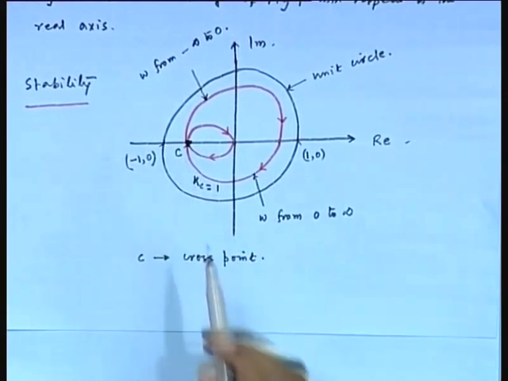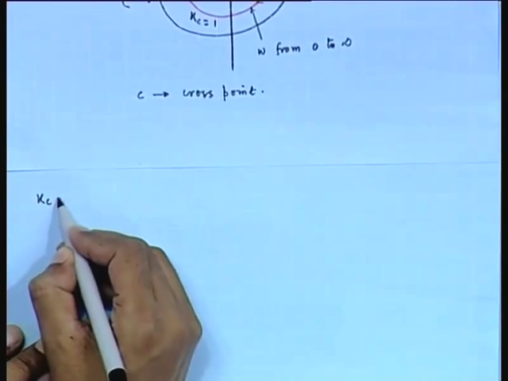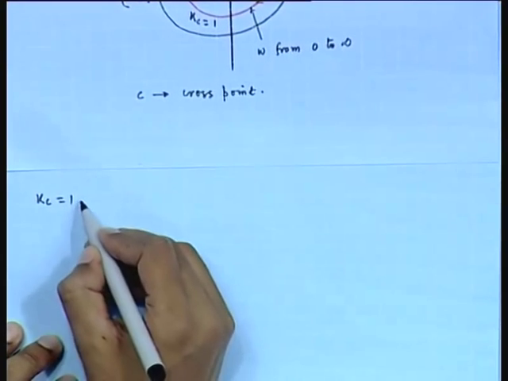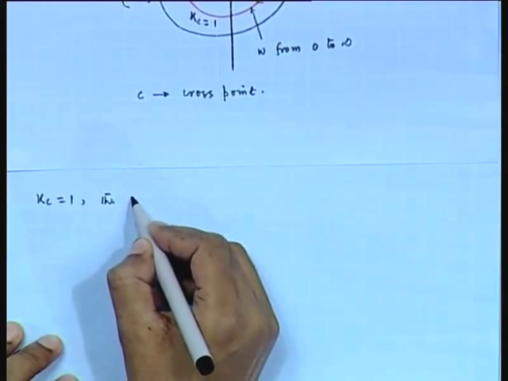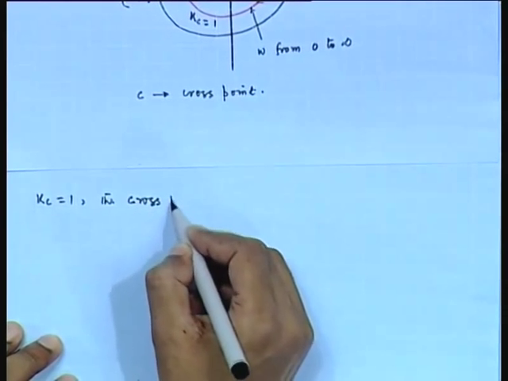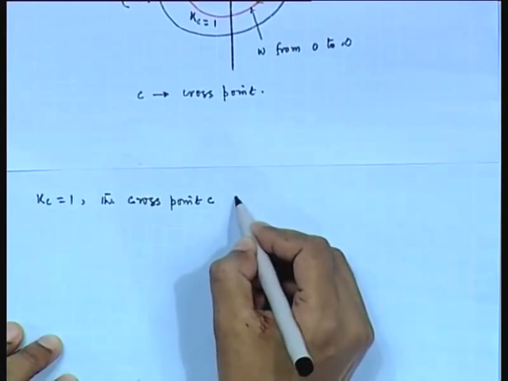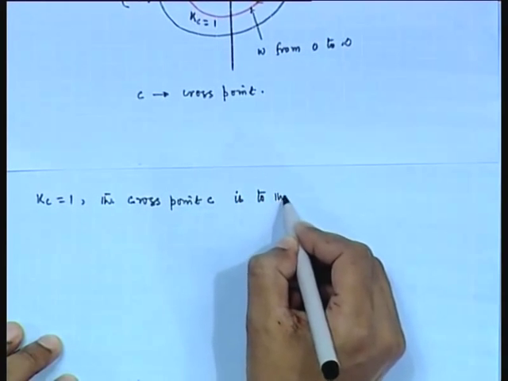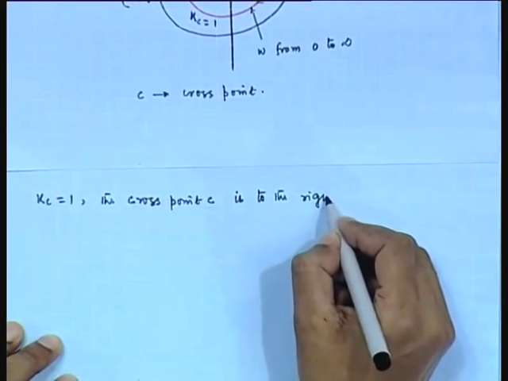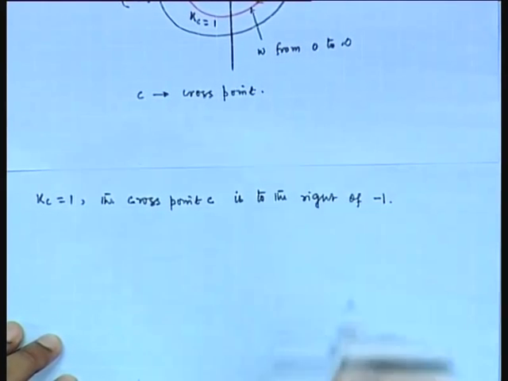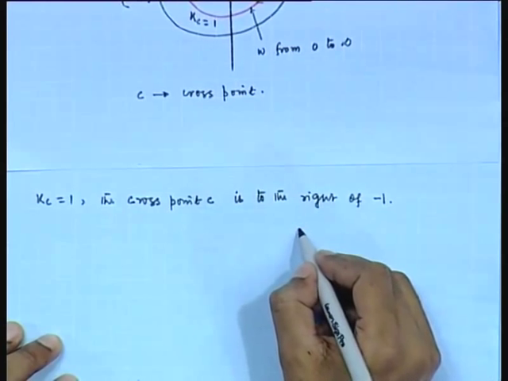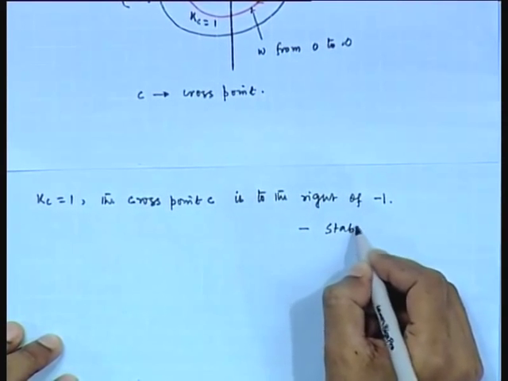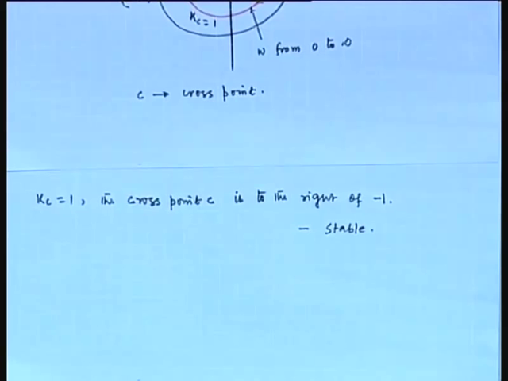I mean, the system is unstable. So, when Kc equal to 1, the cross point C is to the right of minus 1. That means the system is stable.